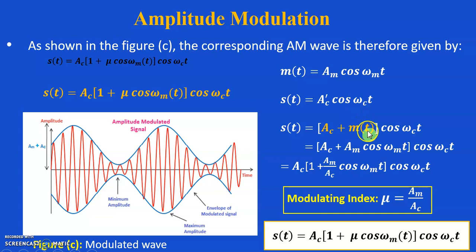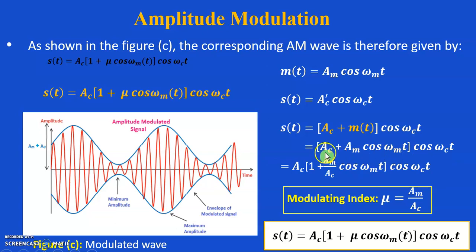If we substitute the value of the message signal m of t, which is equal to Am cosine omega mt, the resultant equation will be (AC plus Am cosine omega mt) into cosine omega ct. So only the envelope will be modified, as the process states.